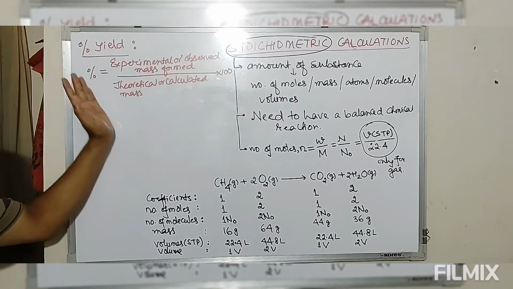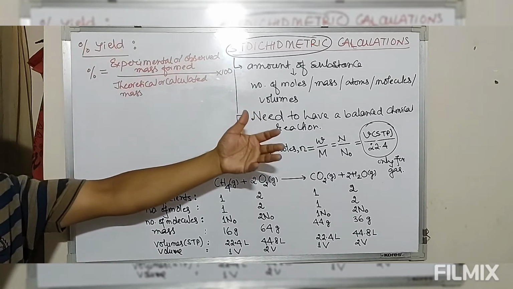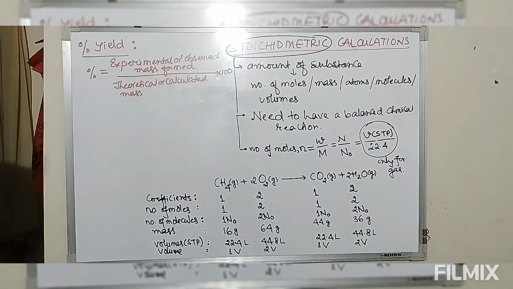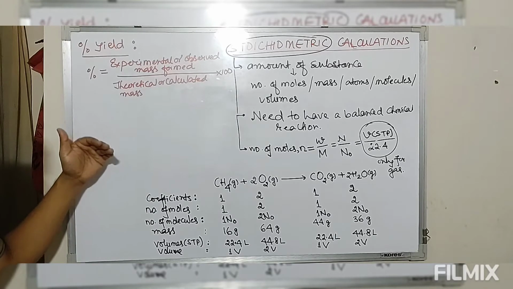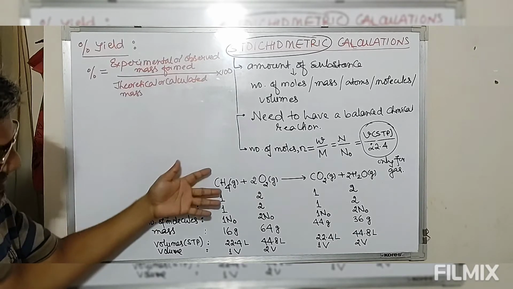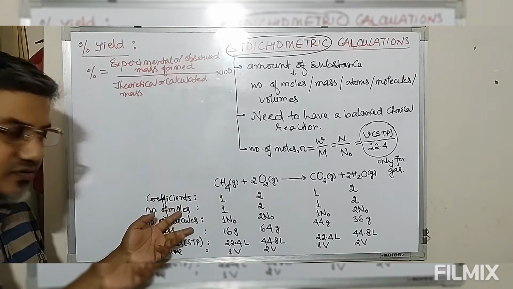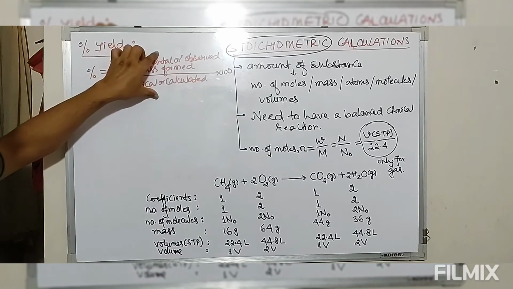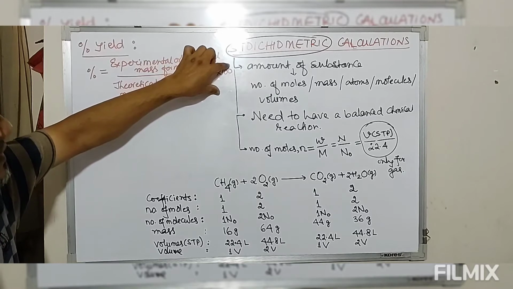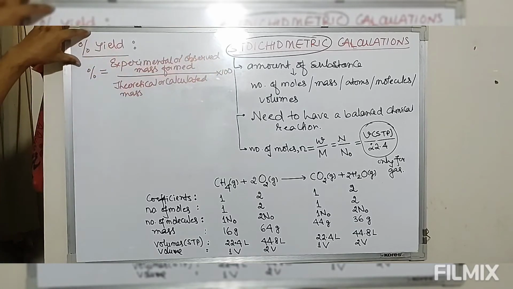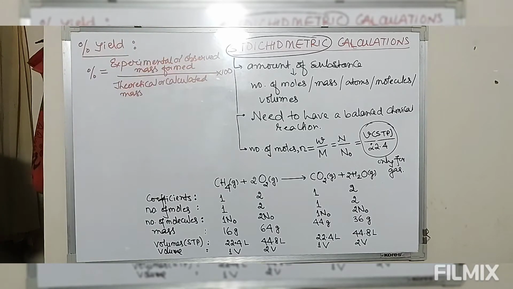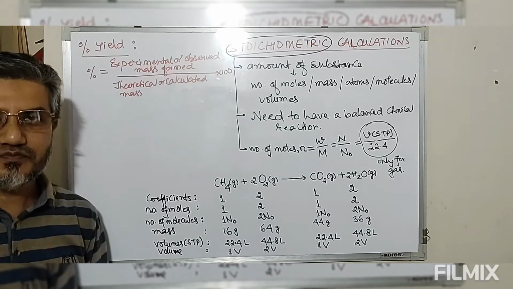This gives you the percentage yield of the product formed in the chemical reaction. For this, from the balanced reaction, either we need the number of moles or the mass. Once we have this, we get this ratio, multiply by 100, and this gives you the percentage yield of the product formed in a given chemical reaction.